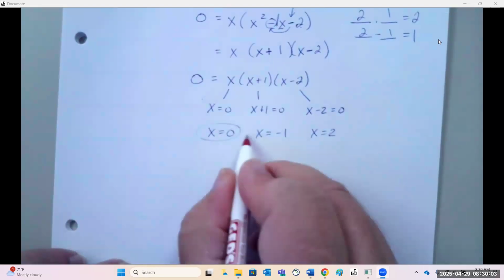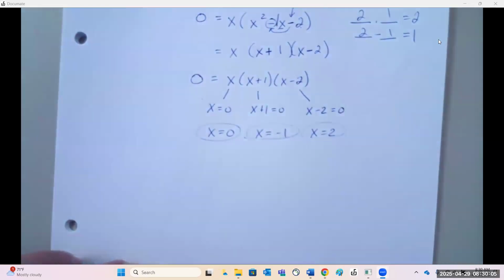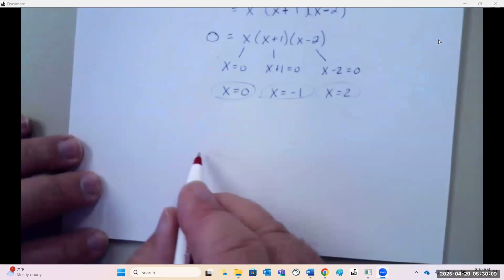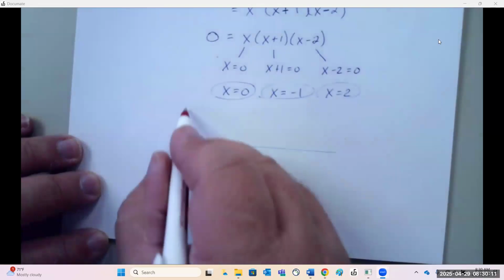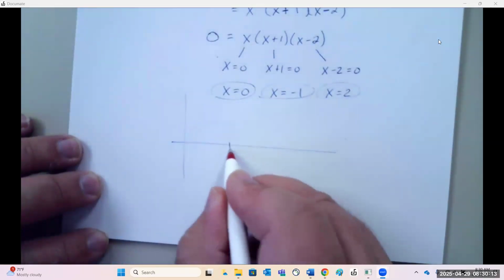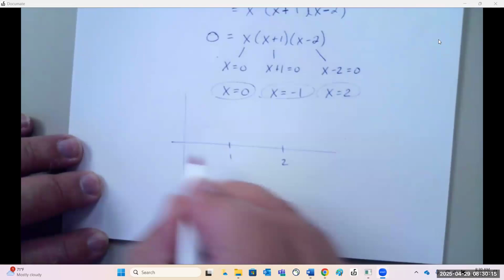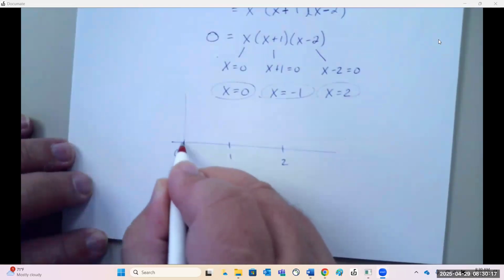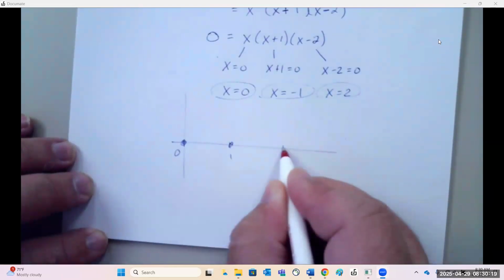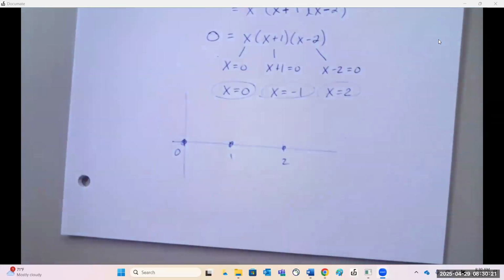Those are my x-intercepts. Why are those important? Why is knowing those important? What's the graph going to look like?